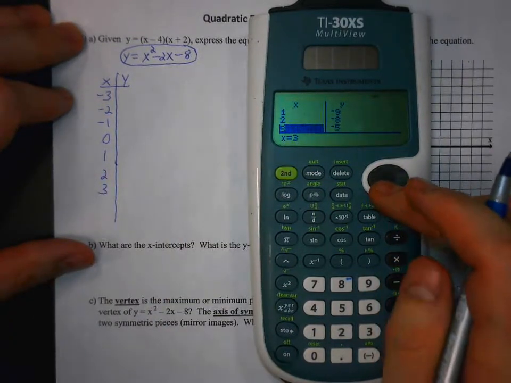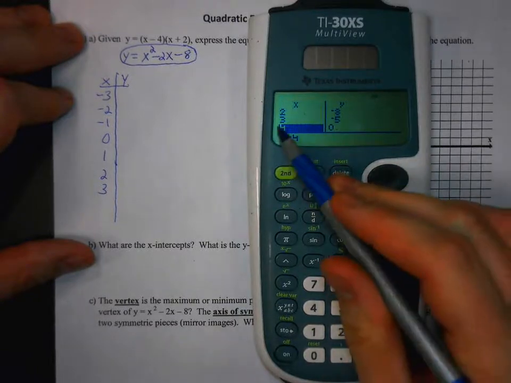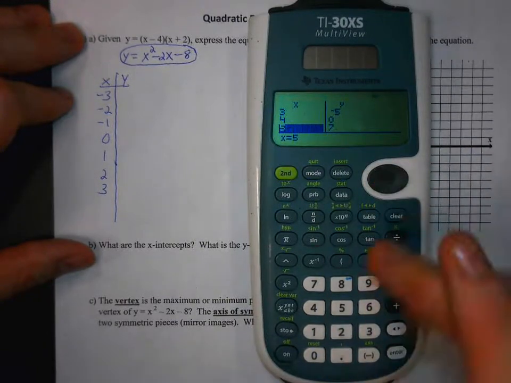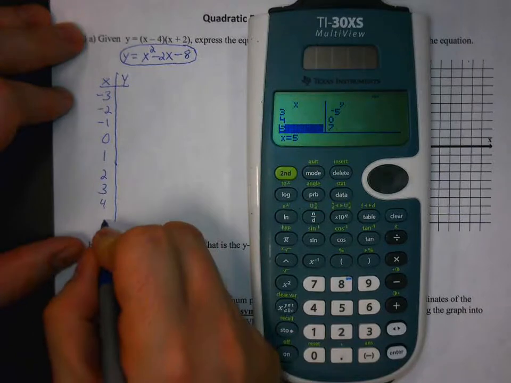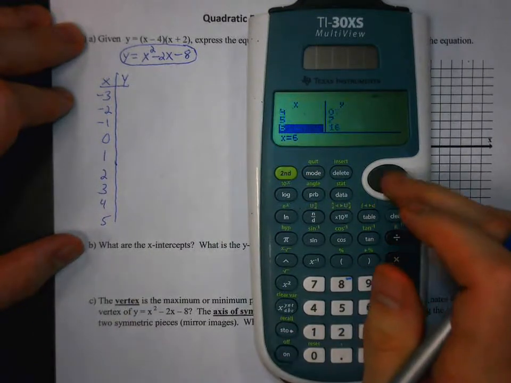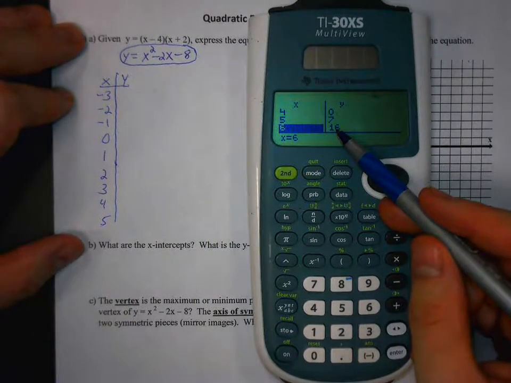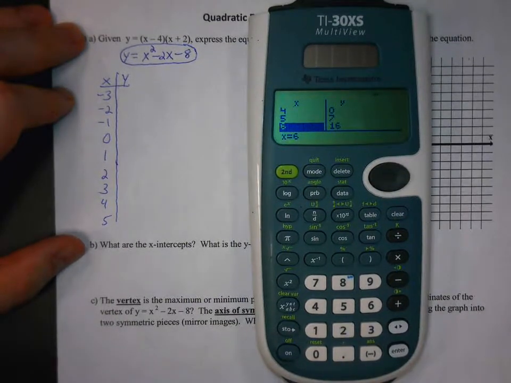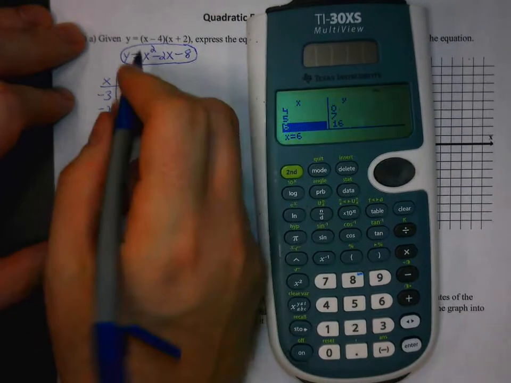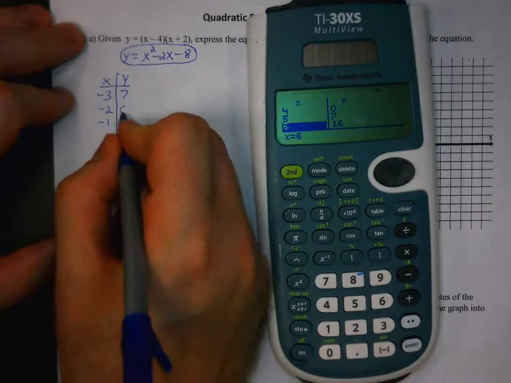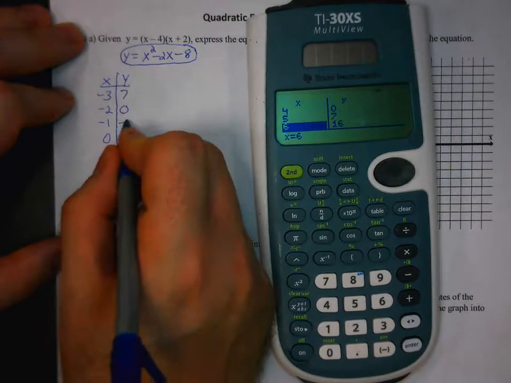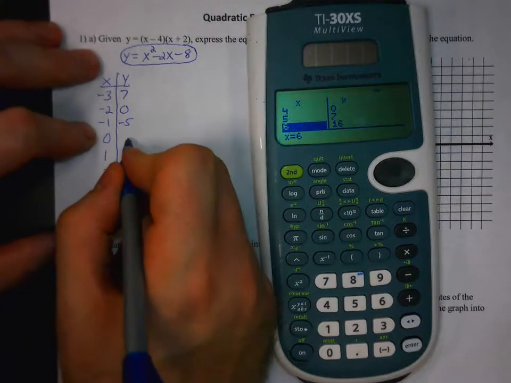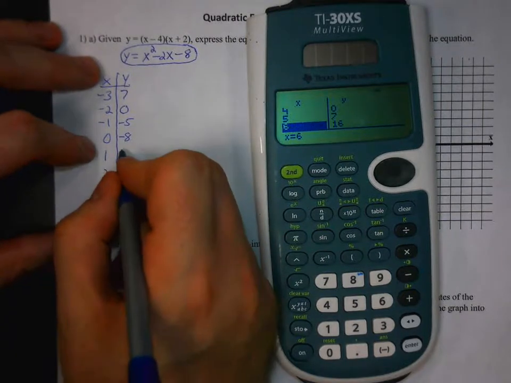Now if I keep scrolling down, notice that at 4 I get 0, at 5 I get 7. So I'll put those values in the table also. Then when I get to 6, I'm at 16. So if I fill those values in, you can do this on your table in your calculator.